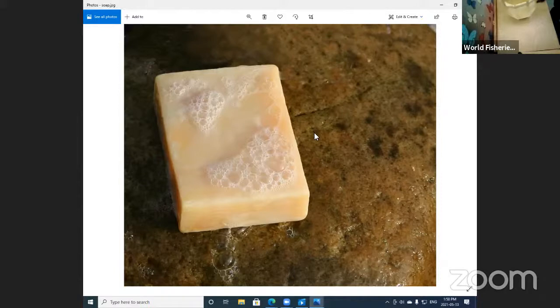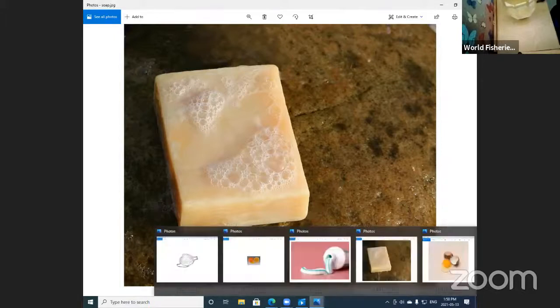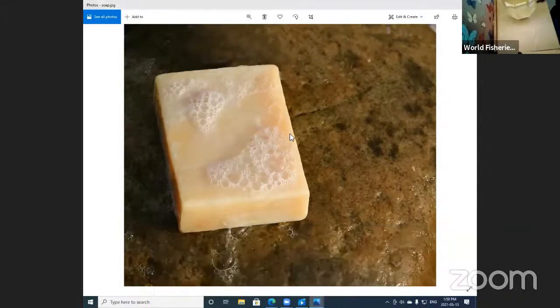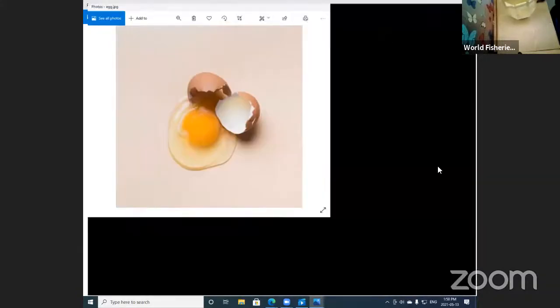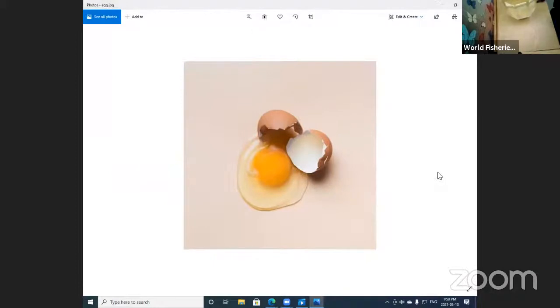So it sounds like you guys got the hang of it, but I have one last one to go, and this one might be a little tricky. I know this one kind of fooled me when I was first learning about it. So let's see. Guys are pH masters. So what do we think eggs are? Do you think eggs are acidic or basic?